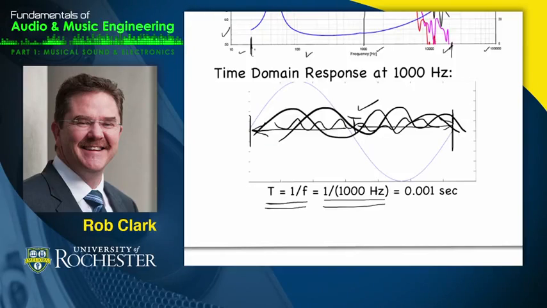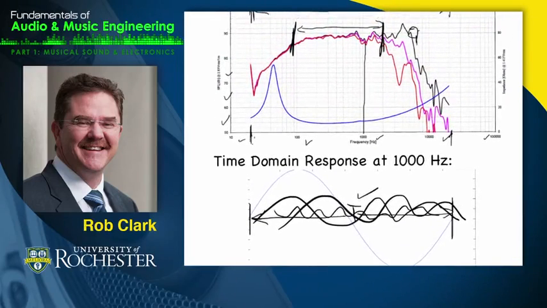When we look at the frequency response, basically what you're doing is looking at the amplitude response at any given frequency. So it's as if we're taking a snapshot at a single frequency that allows us to look at the amplitude that would occur for the corresponding period in the time domain. Okay, so that's the relationship.